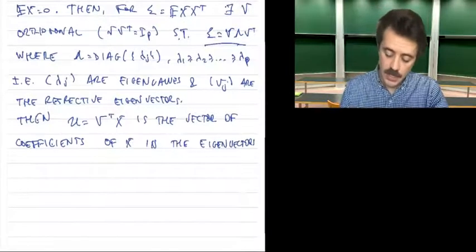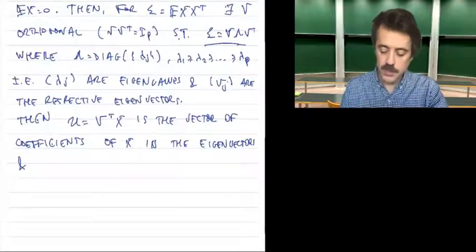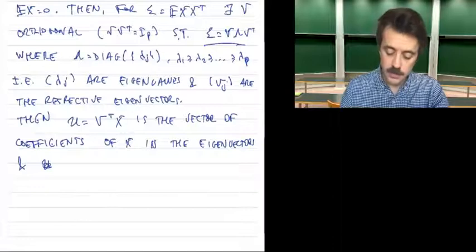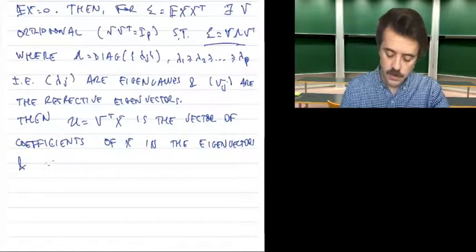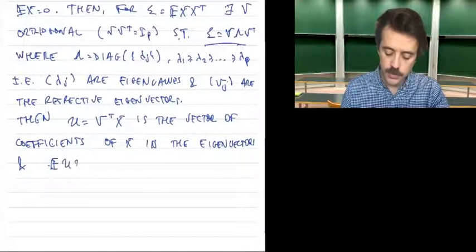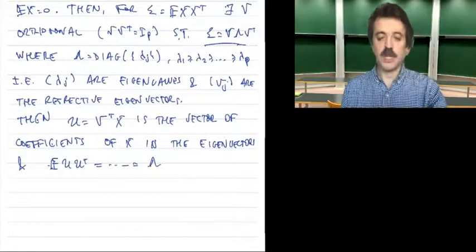And the other thing that you can check, that's very simple to check, is that the expectation of U times U transpose will give you the capital lambda.